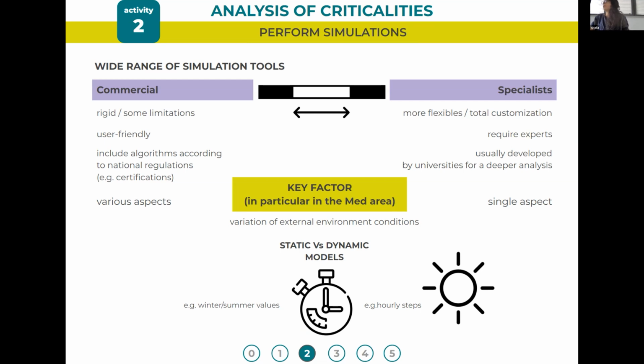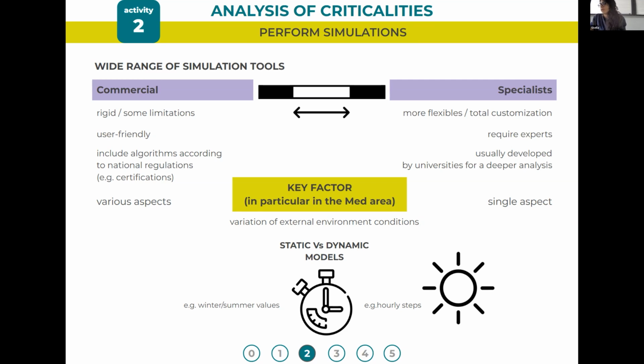But for this reason, they are required to be used by experts instead of the commercial ones that can be more user-friendly. Another point for commercial simulation tools is that they can include algorithms that comply with the national regulations, and so these tools can be used also for energy certifications.